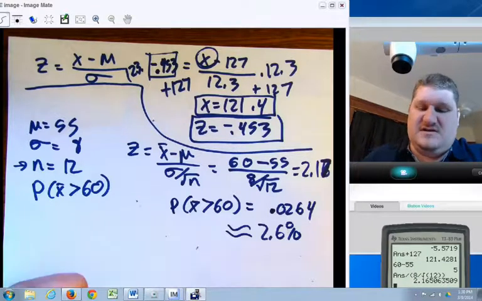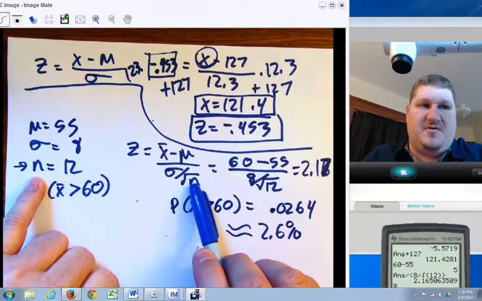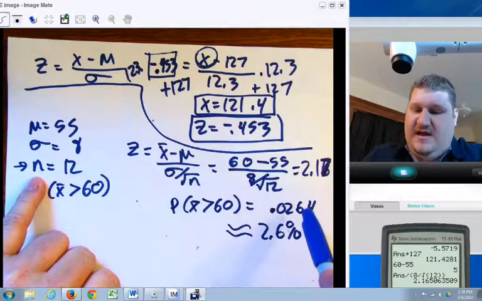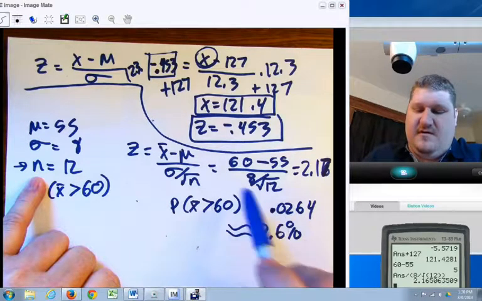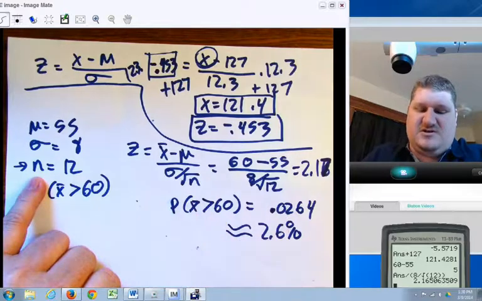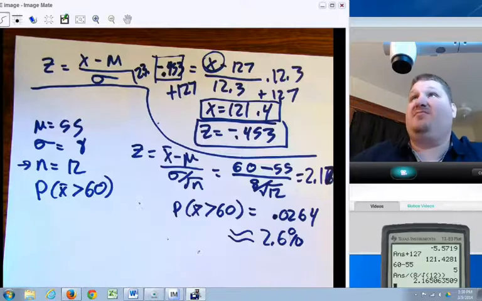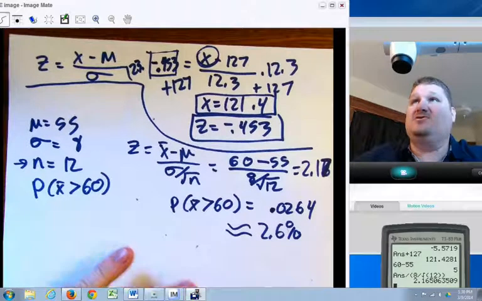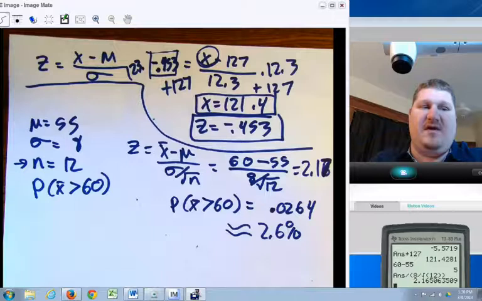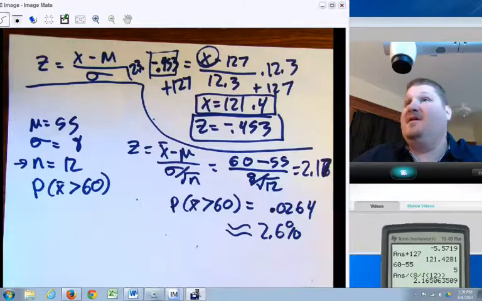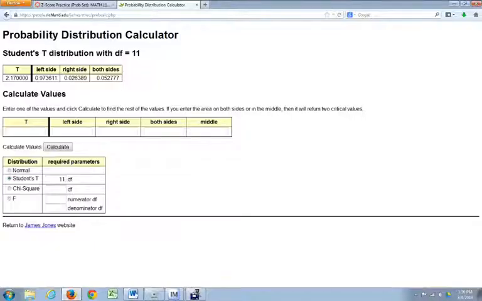You'll notice, because it was done in a group, you had to use the square root of n. Additionally, because it was a small group, you had to use t's, not z's. So that should bring us all up to speed on how to do those problems from that page and the page before.